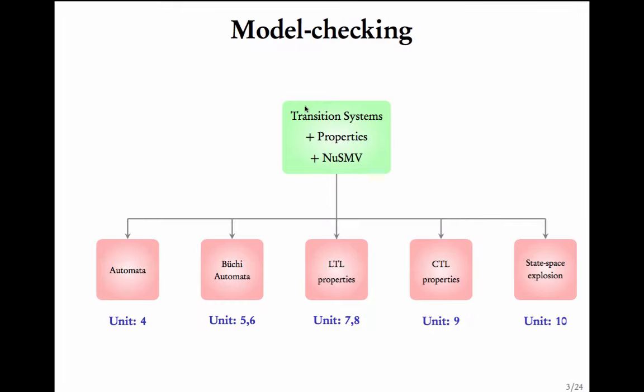So in our course, we have been looking at transition systems. These are diagrams with states and transitions. We have seen what kind of properties can be checked on transition systems. In particular, we have been looking at LTL and CTL properties.